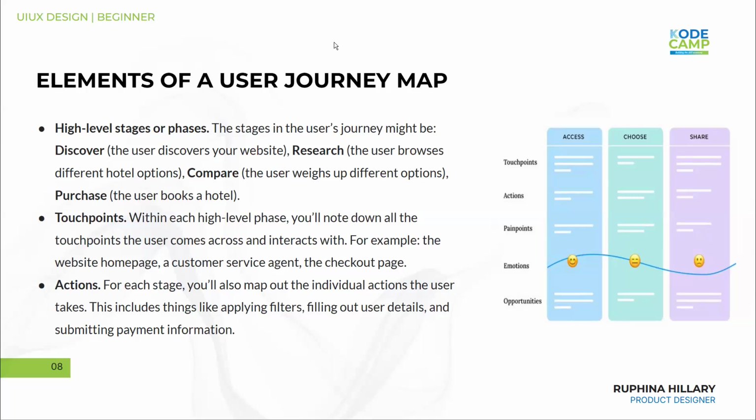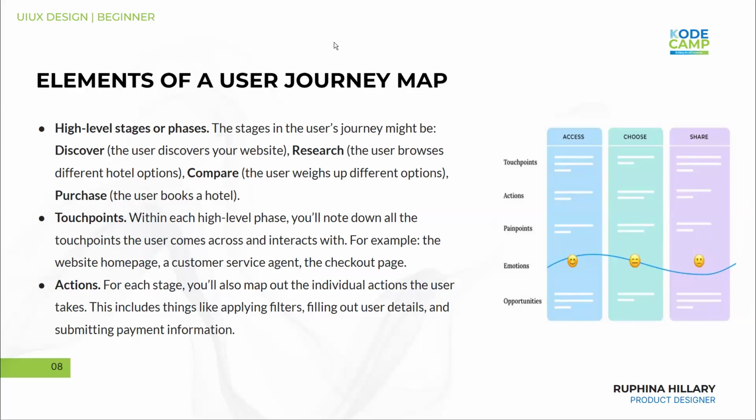For actions, for each stage, you also map out the individual actions the user is taking. This includes things like applying filters, filling out user details, and submitting payment information. For the awareness stage I gave before, let's say in the Play Store, actions they might take are comparing different e-commerce platforms by reading reviews.